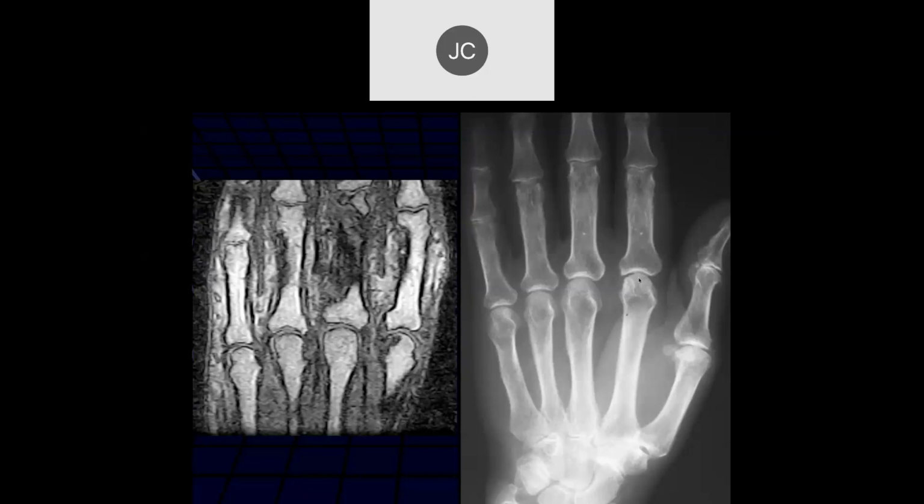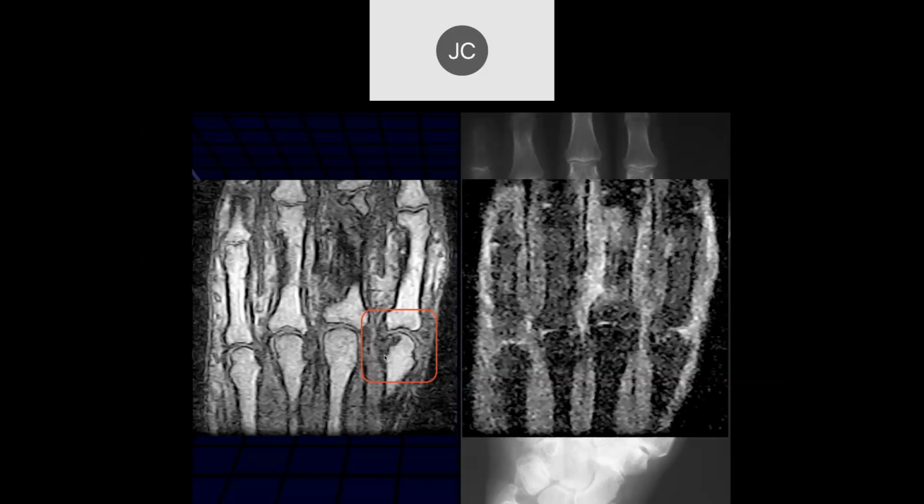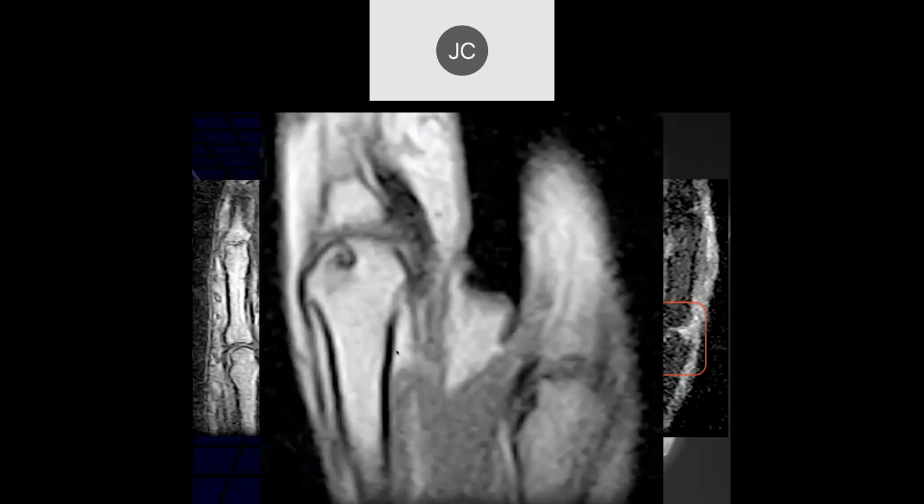You can clearly see the actual erosive change there. And this is a STIR image, very poor quality, less well visualized. We have better contrast for these chronic erosive changes with the gradient echo sequences. And here's a T1-weighted sequence.